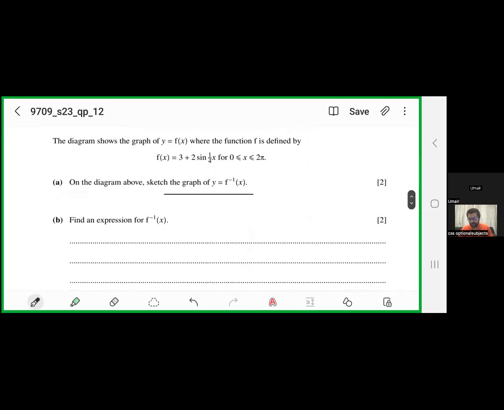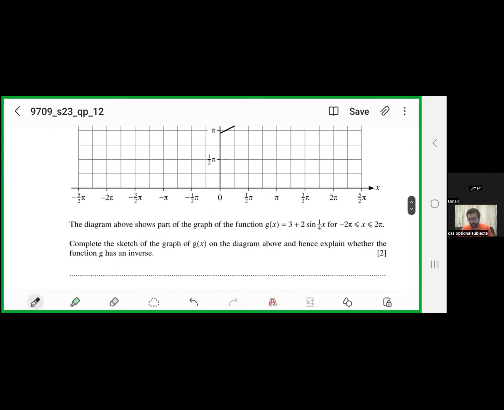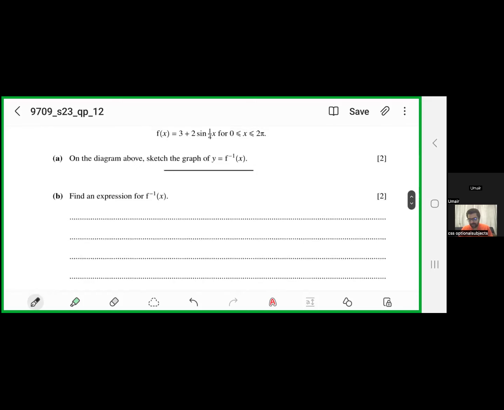The next one is, you have to find the expression for f inverse x. So your f(x) is 3 plus 2 sine 1 by 4x.